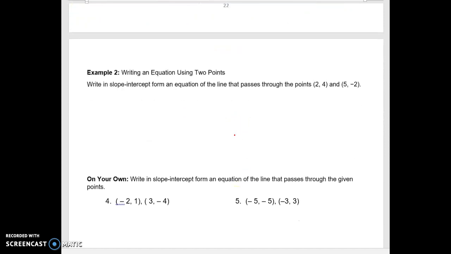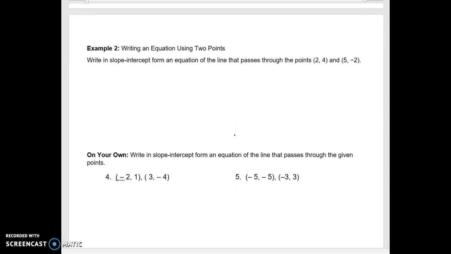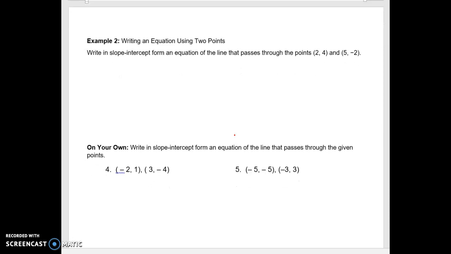Okay, example 2. Now we are going to write an equation in slope-intercept form. So the first thing I'm going to do is we know how to find slope by looking at 2 points. And if you recall, we have to label them x1, y1, x2, y2. So we know in order to find slope from 2 points, I have to label it as y2 minus y1 over x2 minus x1.